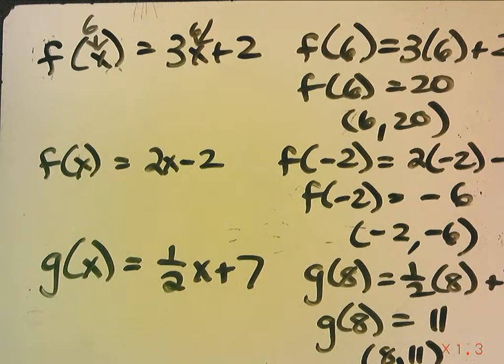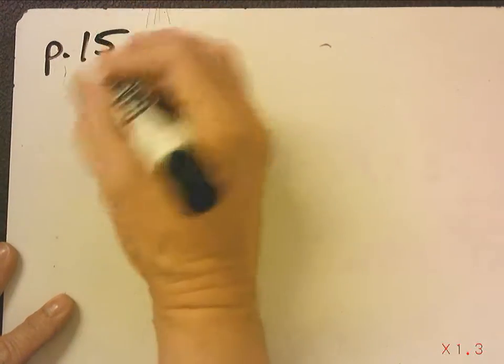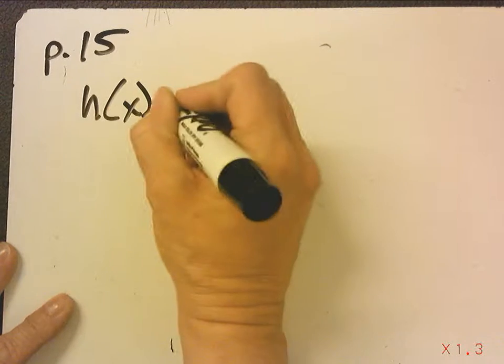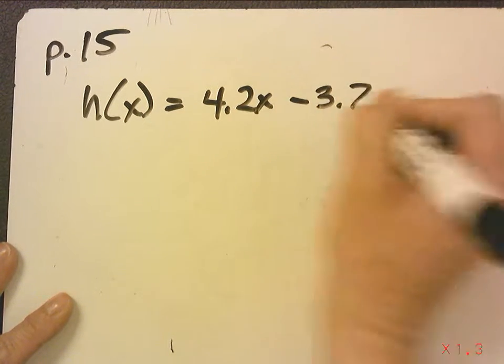So let's turn to page 15, and we'll do 4 and 5. Here we have h of x equals 4.2x minus 3.7.